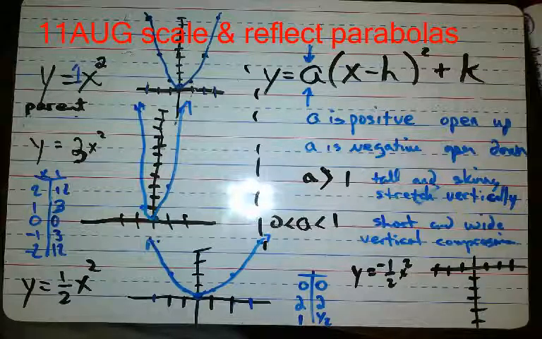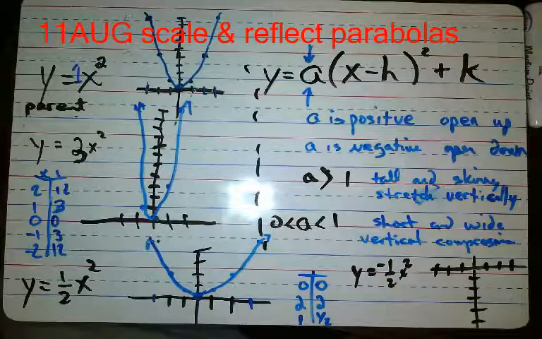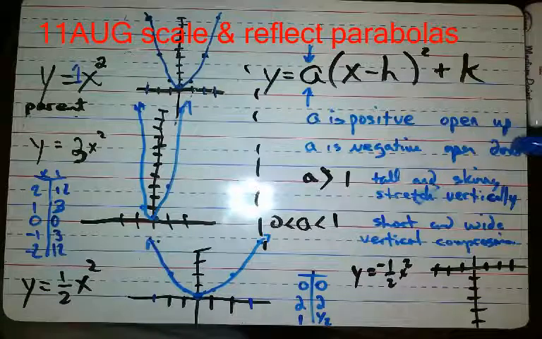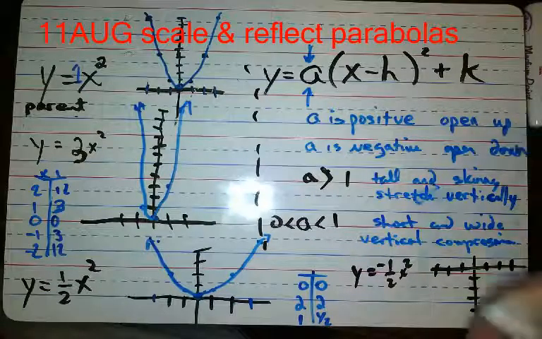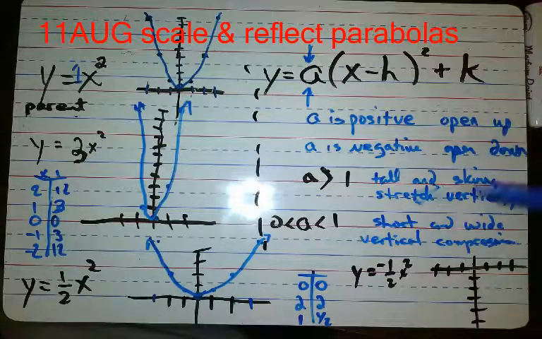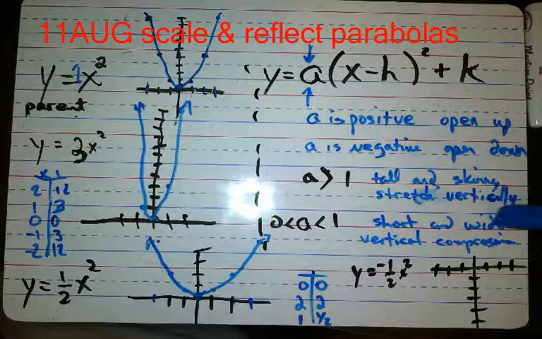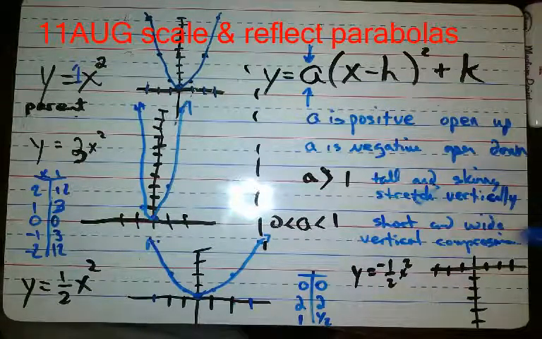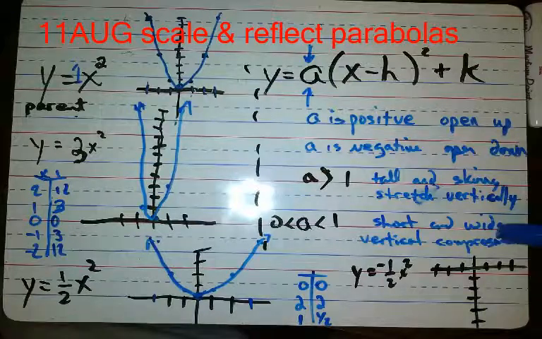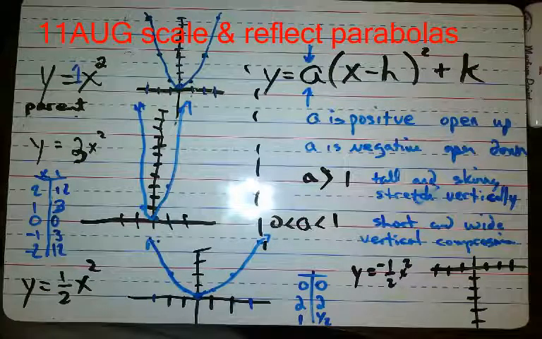So negative is going to make it open downward. It's going to look like this, and it's going to be wide. It's going to be upside down and wide, or compressed.